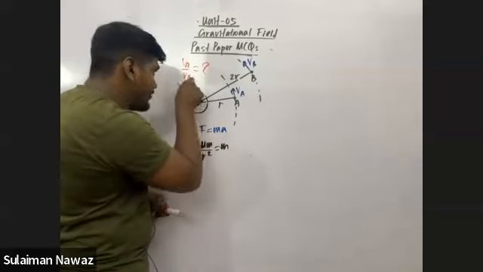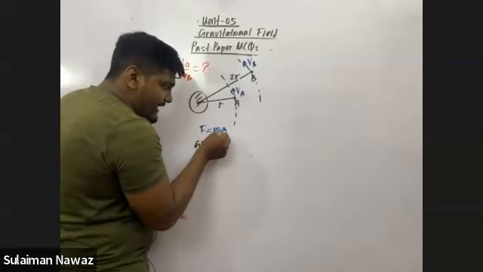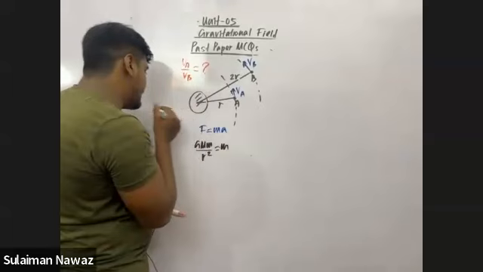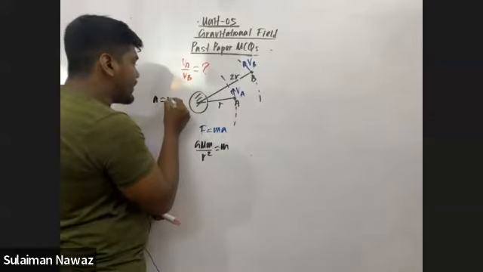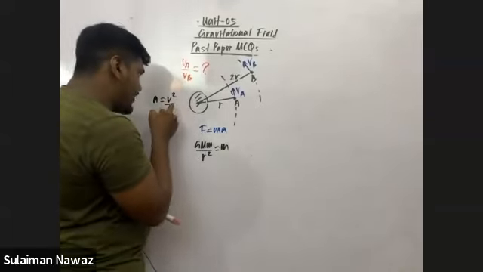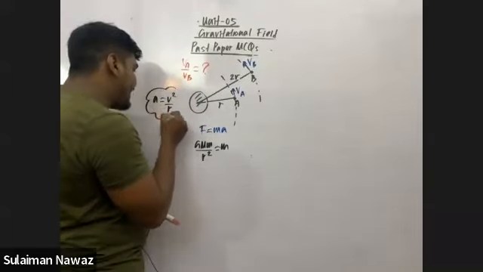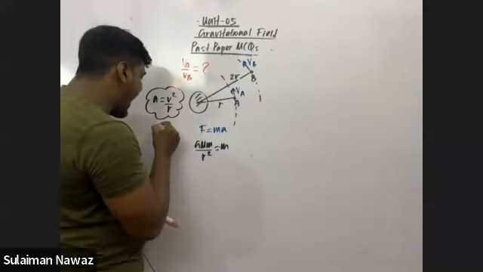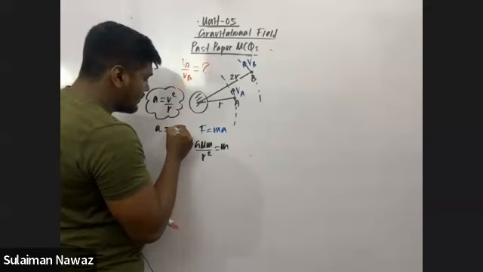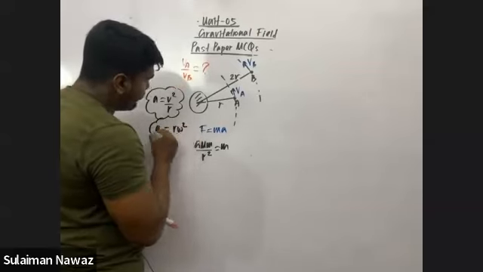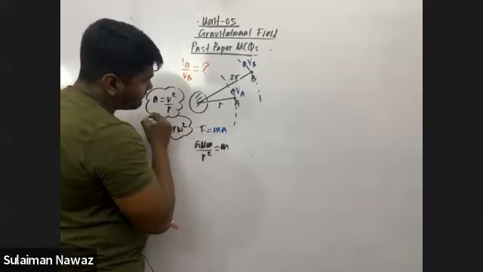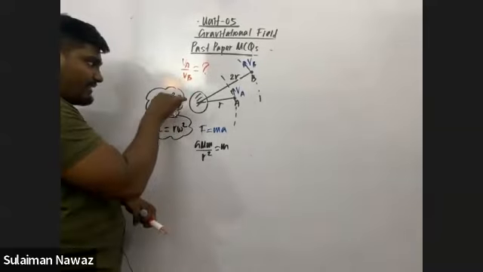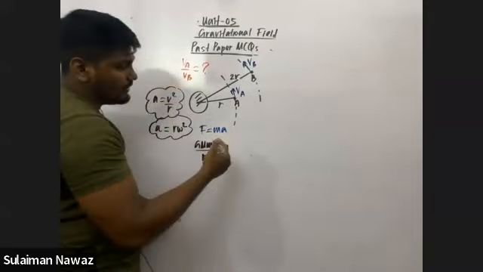Now I need to find this velocity ratio. So we can write centripetal acceleration in two different ways. Centripetal acceleration means V squared over R. If not, we can write centripetal acceleration as R omega squared. I thought of going with the first option because I want to find velocity ratio.